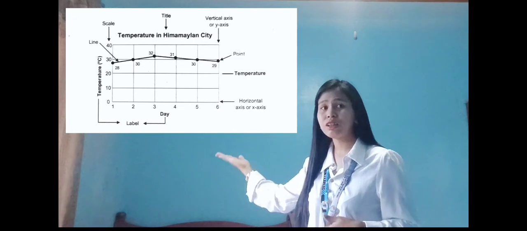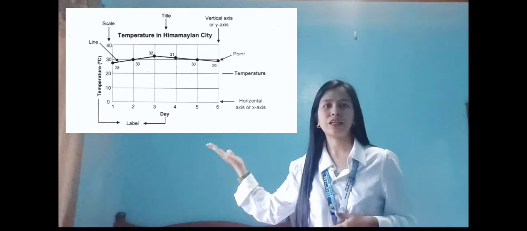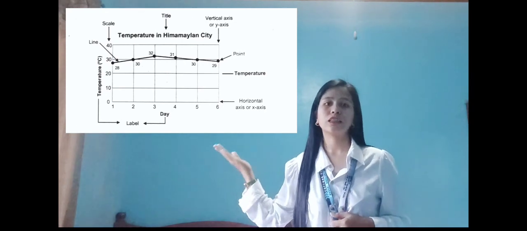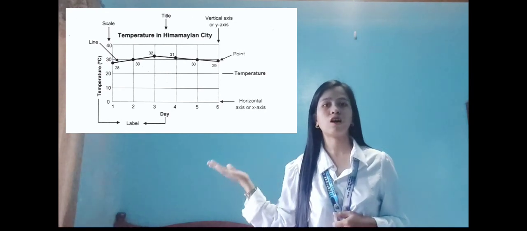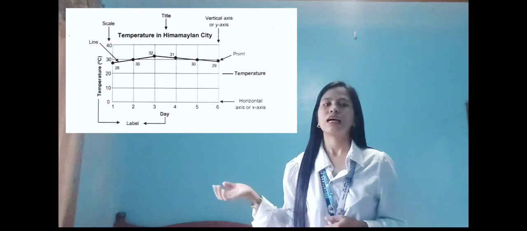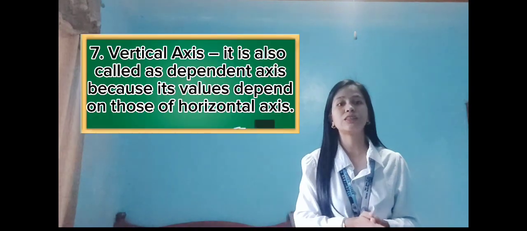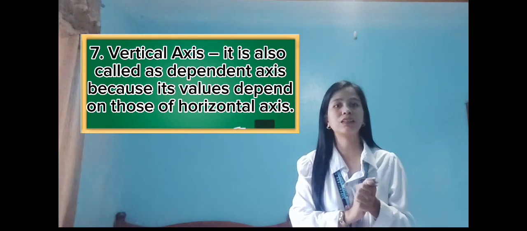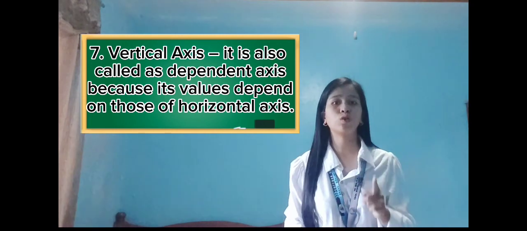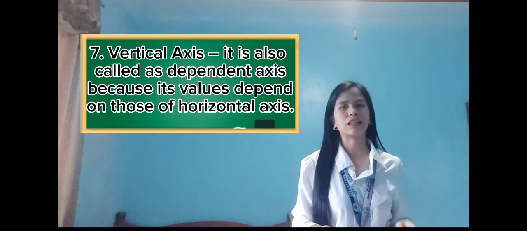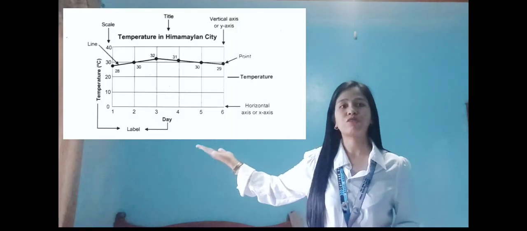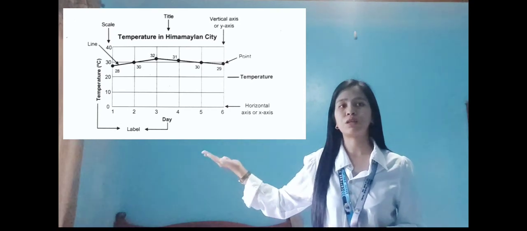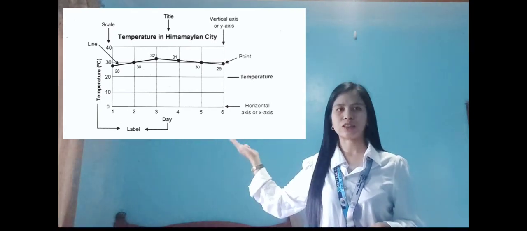In the graph, as I asked earlier, the horizontal axis represents the days on which the temperature in Himamaylan City is monitored. And the seventh and last one is the vertical axis. It is also called the dependent axis because its values depend on those of the horizontal axis. In the graph, the vertical axis represents the temperature measured in degrees Celsius.